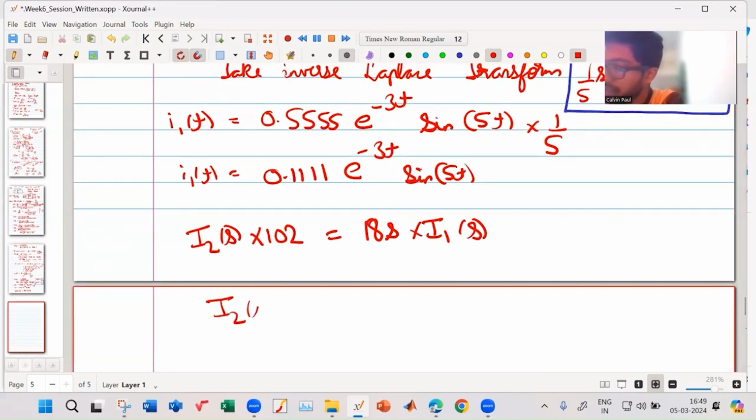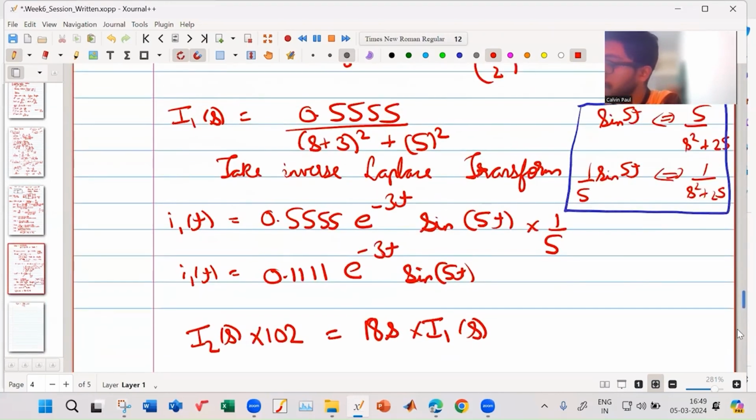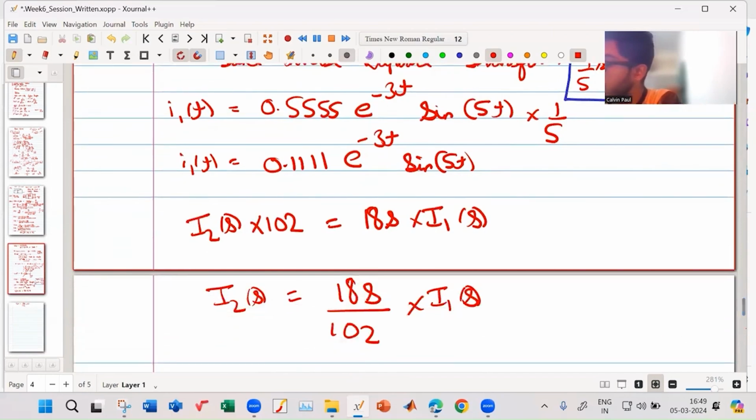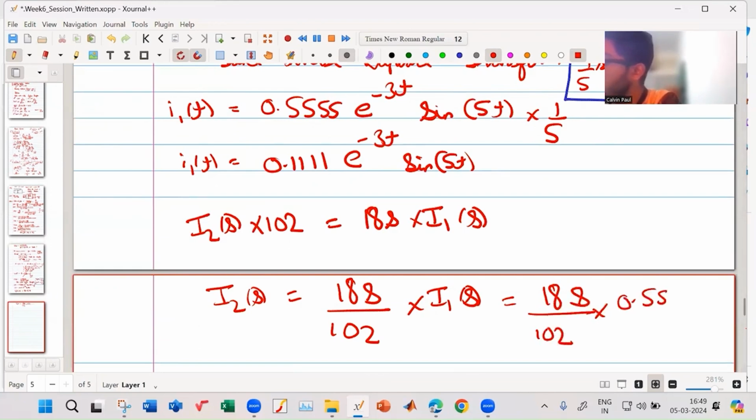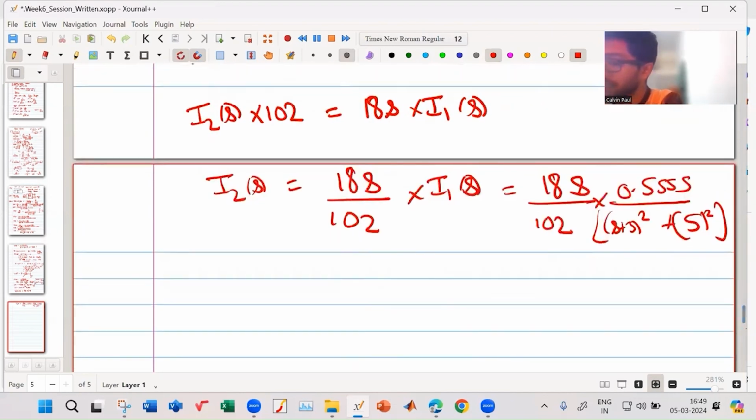I2 of s is equal to 18s upon 102 into I1 of s. That becomes 18s upon 102 into 0.555 upon (s plus 3) the whole square plus 5 square. So this is my I2 of S.